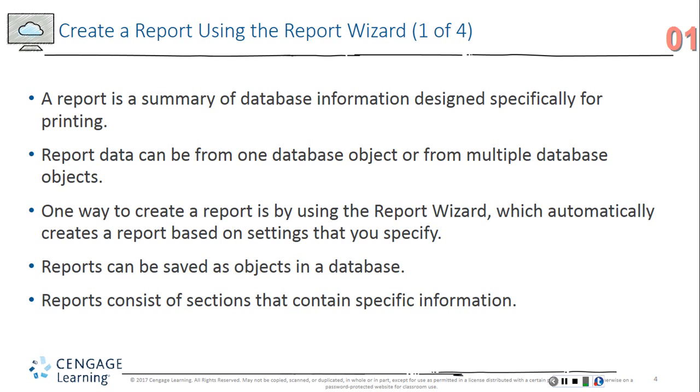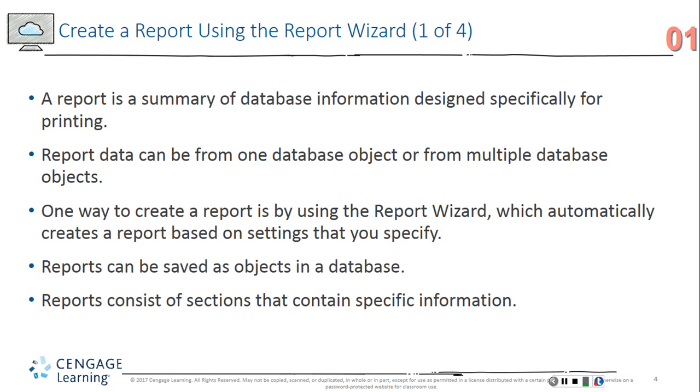Database objects like forms and tables and query outputs, those can be printed. They're typically not in a format that is very transferable. It's more of a screenshot type of view of whichever Microsoft Access object that you're trying to print. So a report is an addition made to Microsoft Access that allows you to put the data in a printable format.